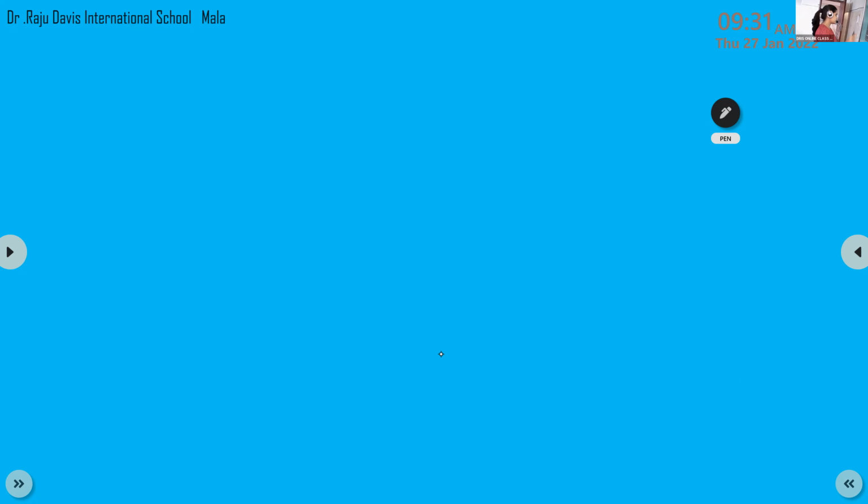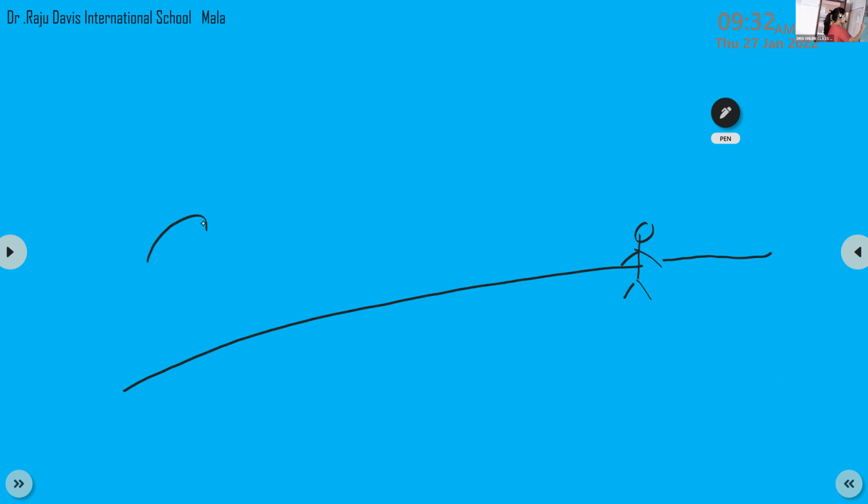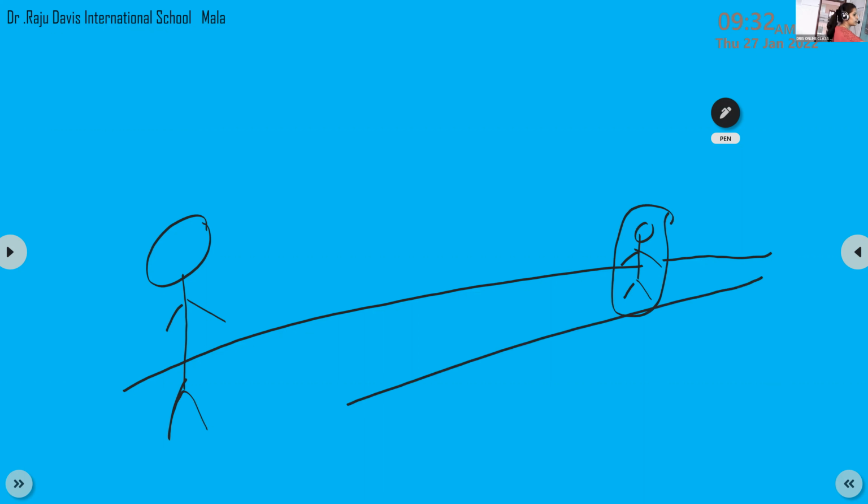When you view an object or a person from a very large distance, obviously the image will be very small as compared to when the person is standing close. Just imagine this is a pathway and you're standing here. Compared to your size, the friend's retinal image is very small, and as the distance increases, the size becomes even smaller.